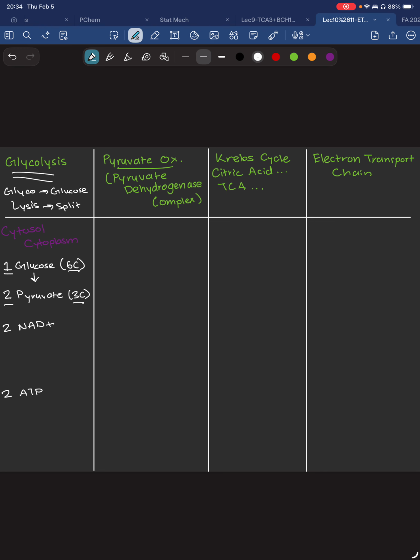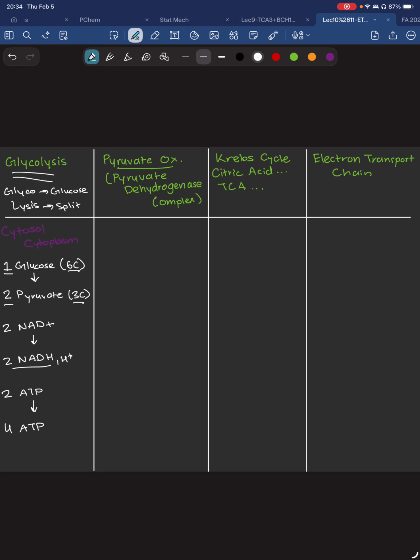No carbons are lost. NAD plus will go 2 for 2, turning into NADH. The proper way to write this is NADH plus H plus, but most of you will just see NADH. ATP gets processed and actually ends up spitting out 4 ATP. This is a big process. It's kind of interesting what actually happens, but just by the numbers alone, 2 ATP turns into 4 ATP.